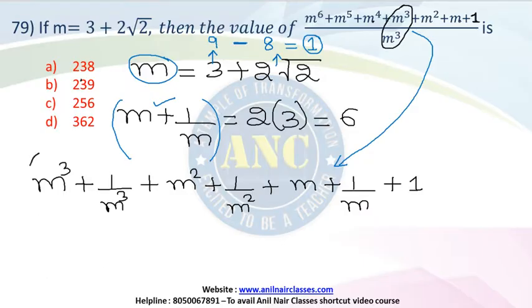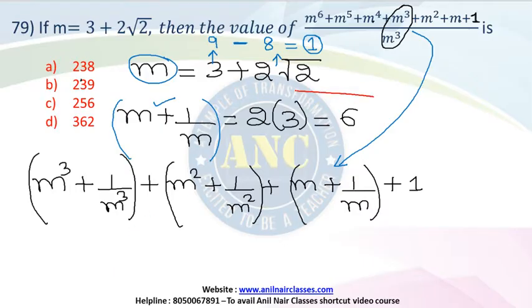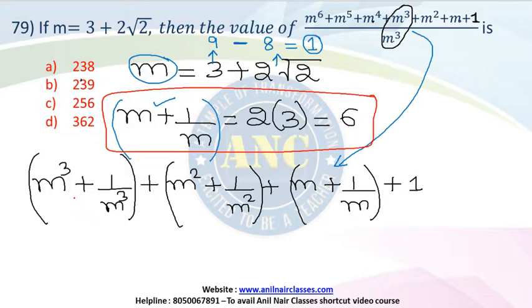That means m power 3 plus 1 by m power 3, m square plus 1 by m square, m plus 1 by m, and 1. All these values can be easily calculated because I know the value of m plus 1 by m. If m plus 1 by m is equal to 6, m cube plus 1 by m cube will be 6 cube minus 3 into 6.